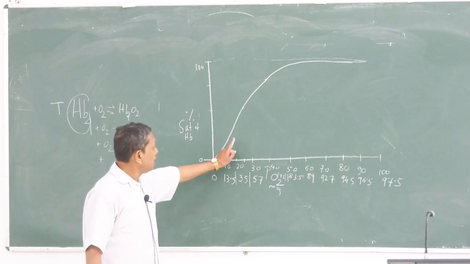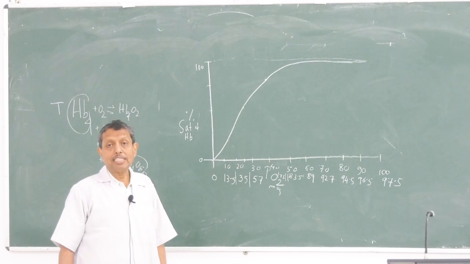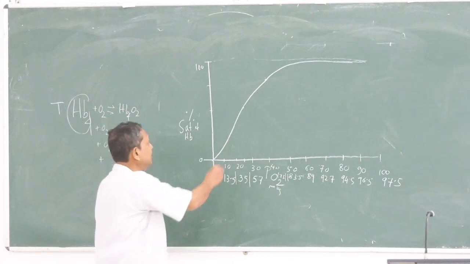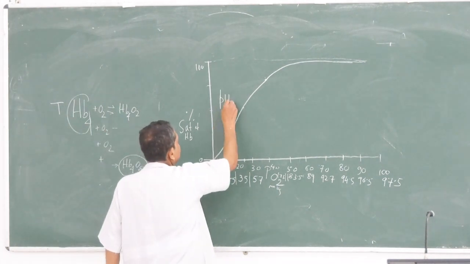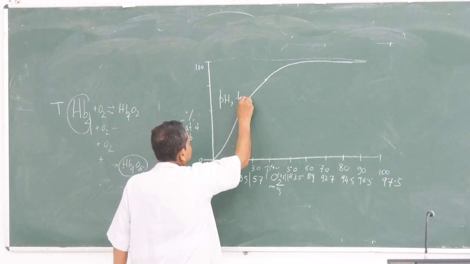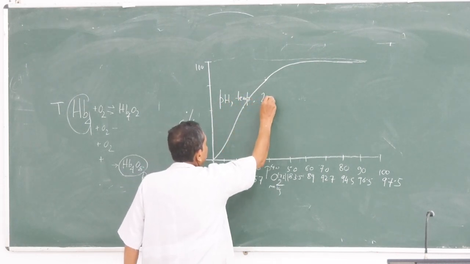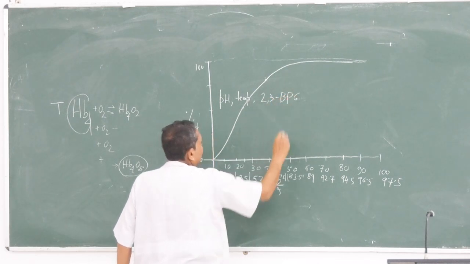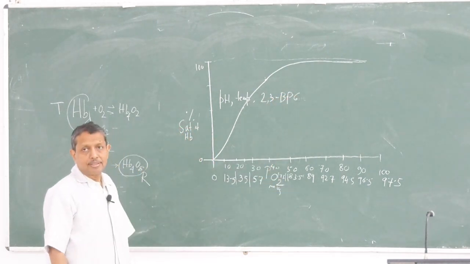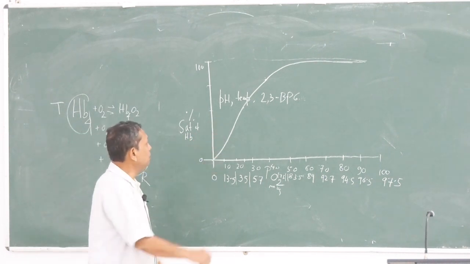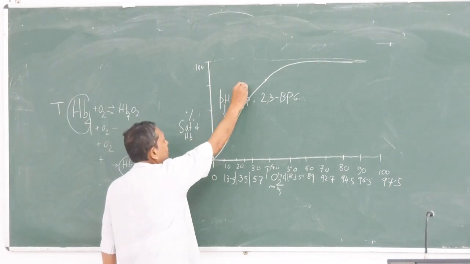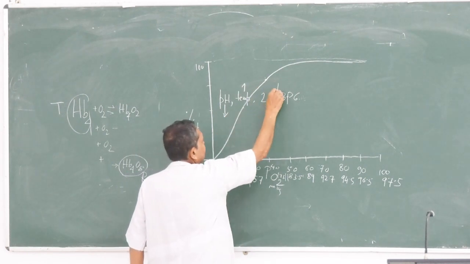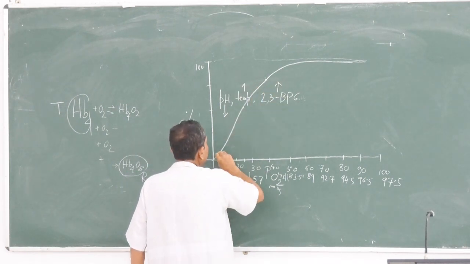But it is dependent upon some factors. What are the factors? There is the pH, temperature, and 2,3 biphosphoglycerate. And whenever there is fall in the pH, increase in the temperature, increase in this, then there is right shifting of this curve.